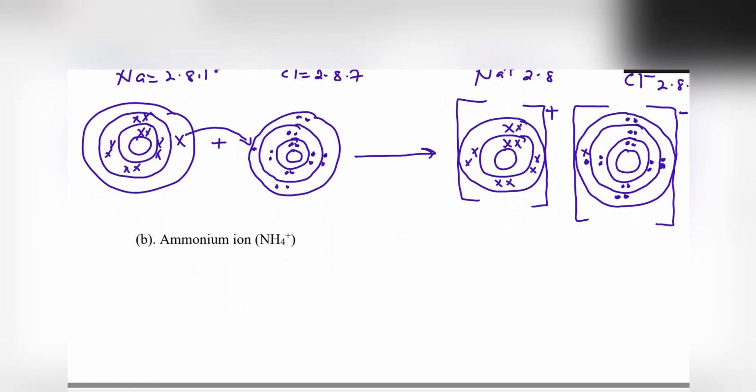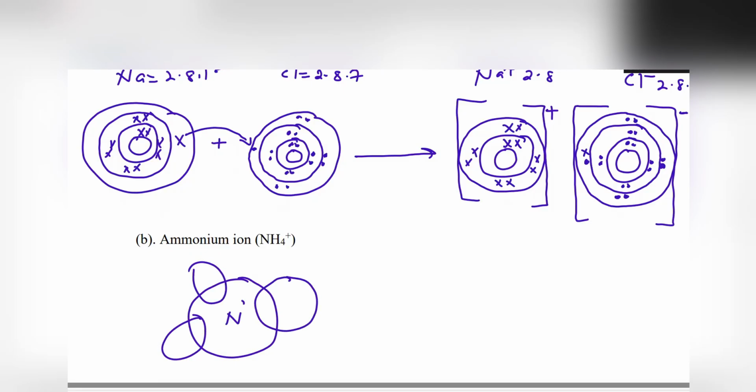We have ammonium ion. We are going to have nitrogen bonding with 4 hydrogen atoms. So remember, nitrogen is atomic number 7 with 2, 5. Hydrogen is atomic number 1 with only 1 electron. So we are going to have hydrogen, hydrogen, hydrogen, hydrogen here.